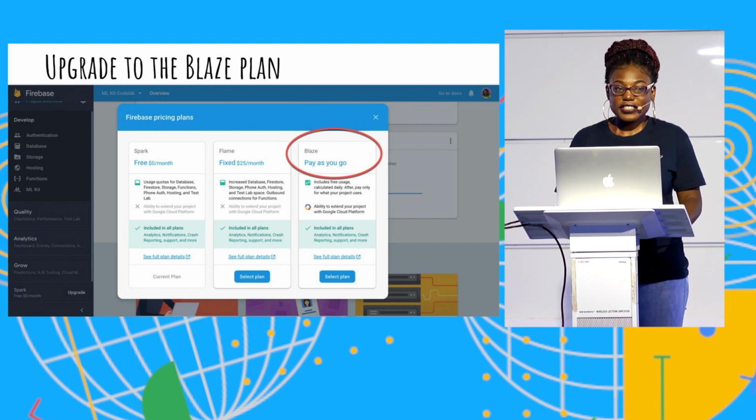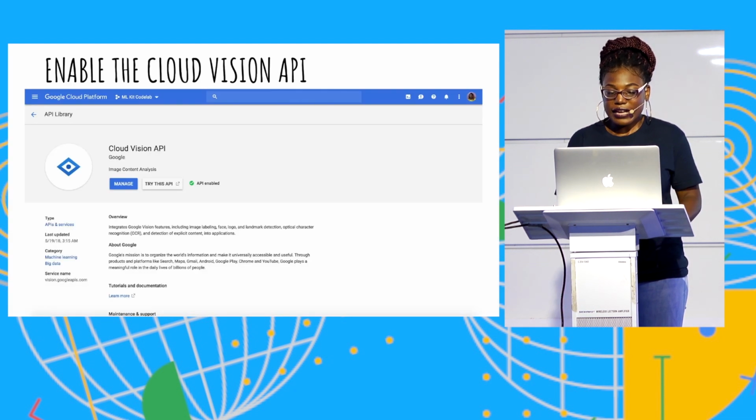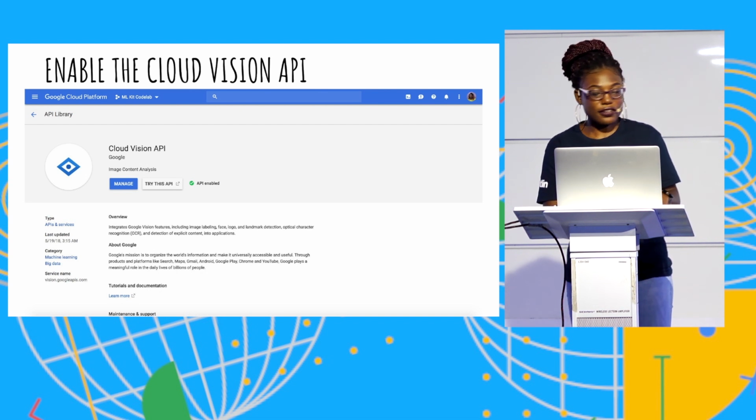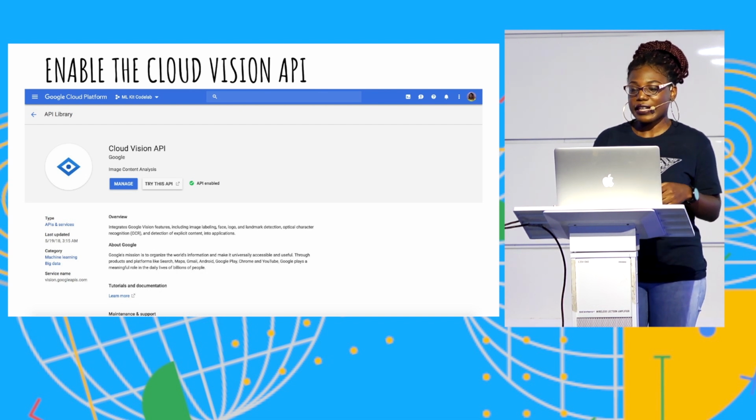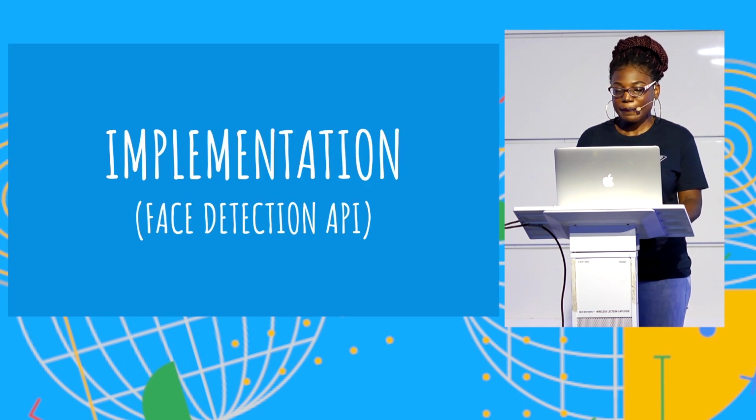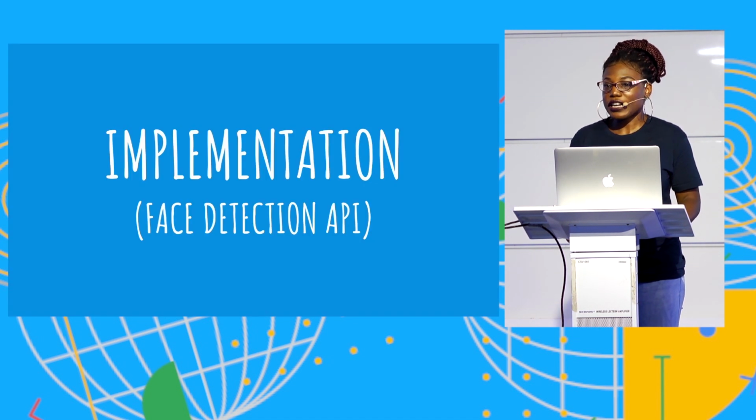And you need to have your payment details there before that happens. So after upgrading to the Blaze plan, we enable the Cloud Vision API on Firebase. We have to do that online and search for the API library. So now that we know all the things to look out for when using on-device and cloud-based APIs, let's get to actually building an app.